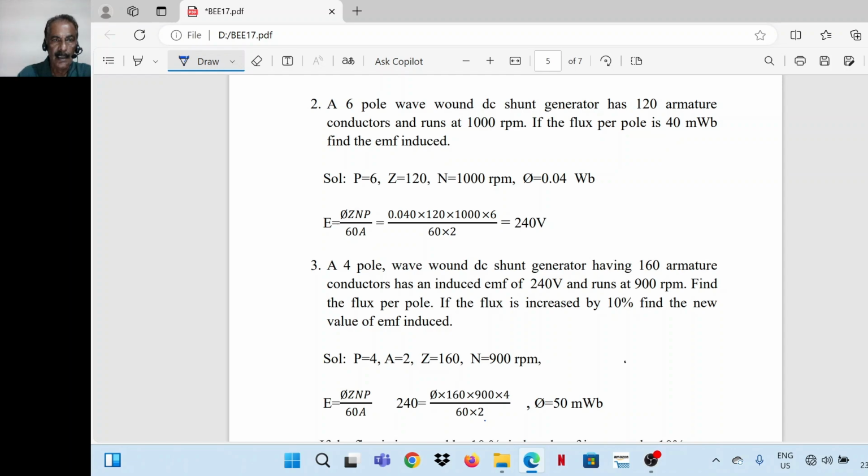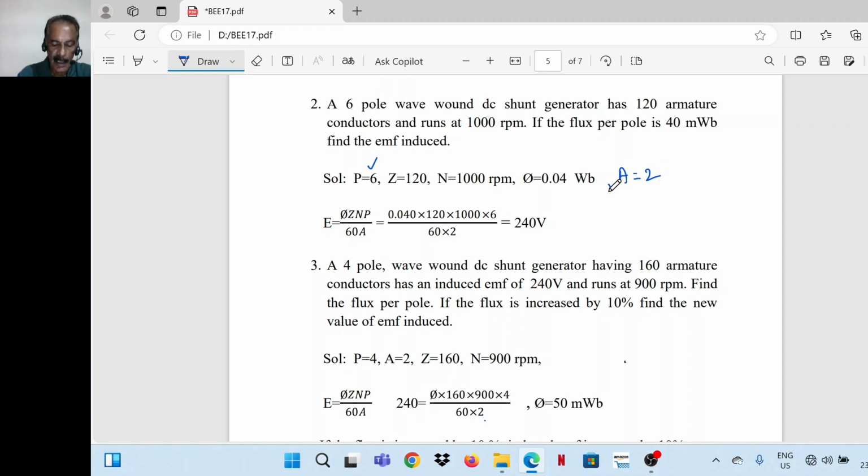Next question. A 6-pole wave-wound shunt generator has 120 armature conductors and runs at 1000 rpm. If the flux per pole is 40 milliweber, find the EMF induced. This is also just substitution. Number of poles is 6. Wave-wound means parallel paths is equal to 2.